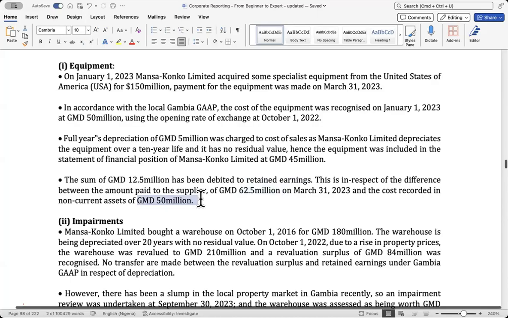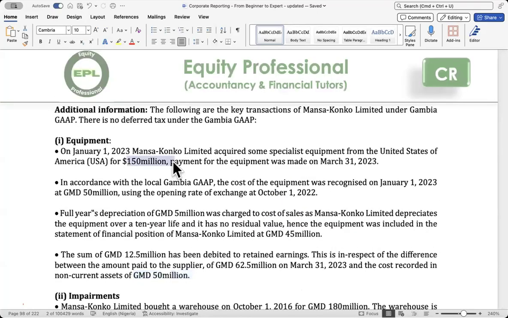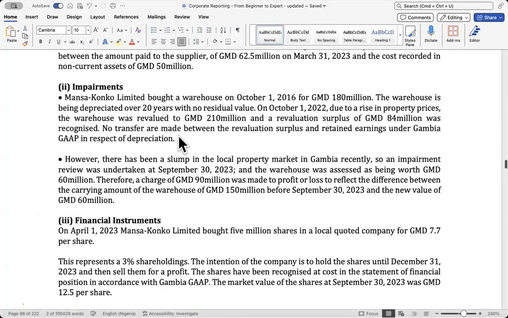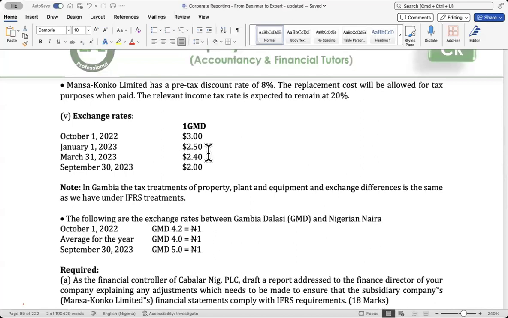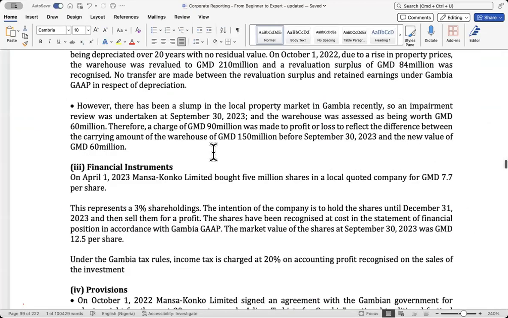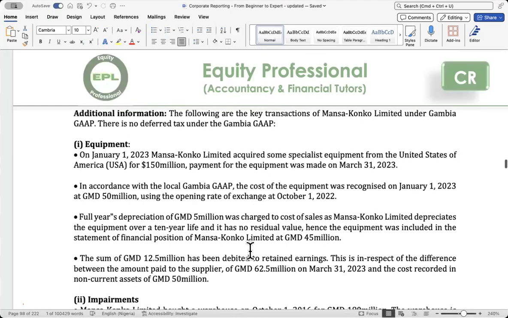How did they get this 62.5? I think they got this 62.5 by doing 150 divided by, where is the exchange rate in October? Maybe in March. Can somebody do 150 divided by 2.4? Let's see. Yes, correct, 62.5. Okay, good. So that was how they got this 62.5, which is okay. According to IFRS 2, it is the same.